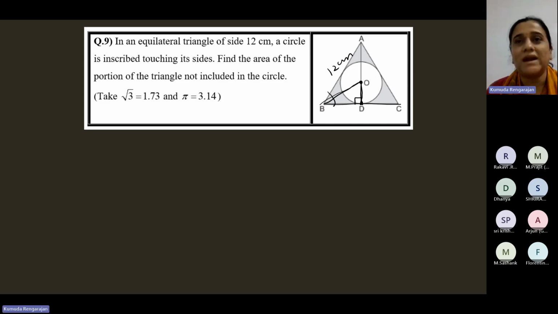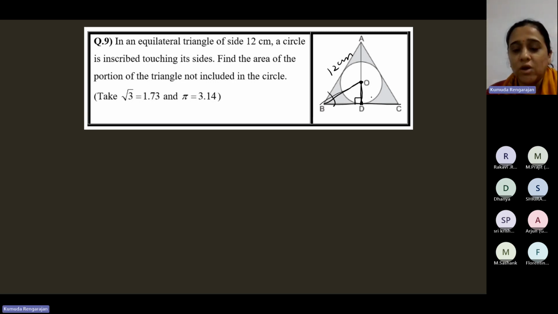So similarly, good or bad experiences, when it is practical, it's for life. You cannot forget it. So constructions play a very vital role in understanding the properties of whatever constructions you perform. But unfortunately, it's removed from the syllabus. Like this, we have construction of incircles, circumcircles, where we understand the properties very clearly.